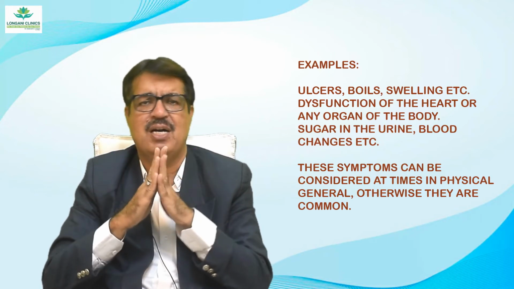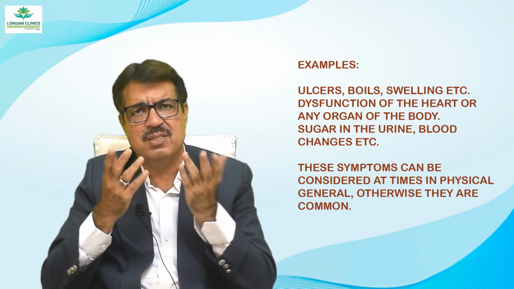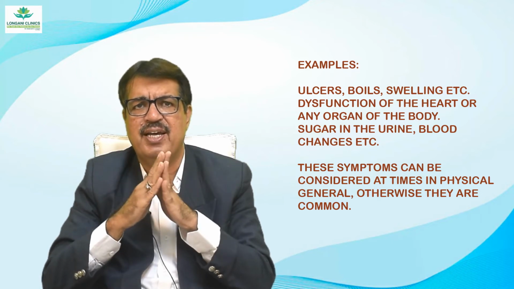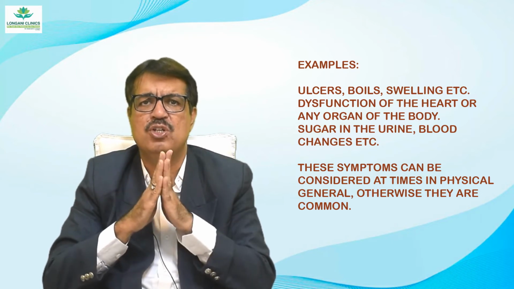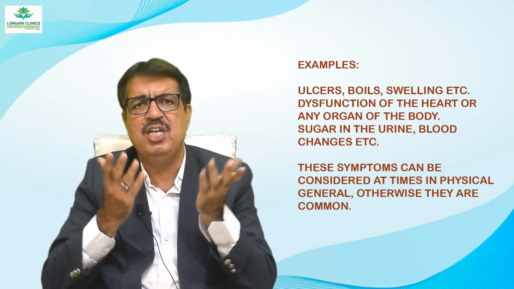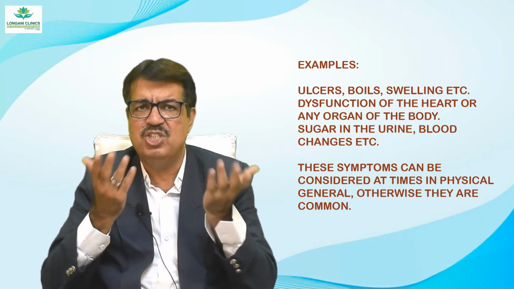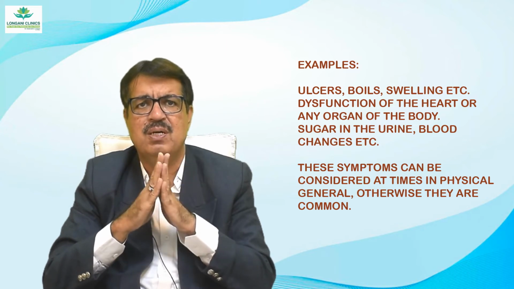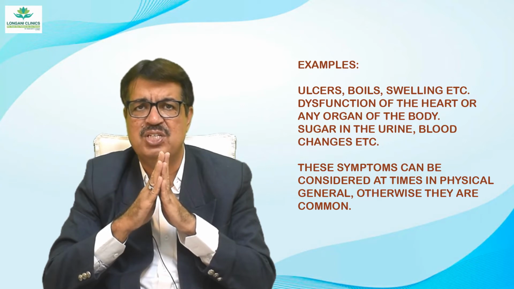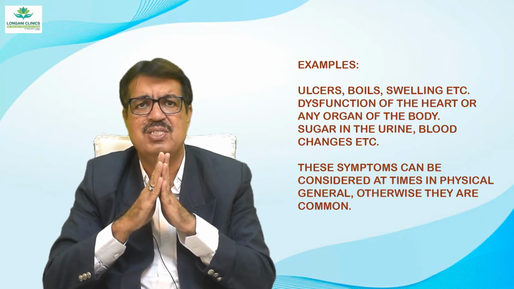Now we see some examples: ulcers, boils, swelling, etc. Then dysfunction of the heart or any organ of the body, then sugar in the urine, blood changes. These symptoms can be considered at times in physical journal, otherwise they are common.